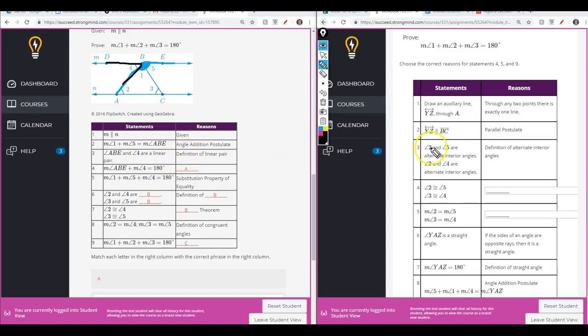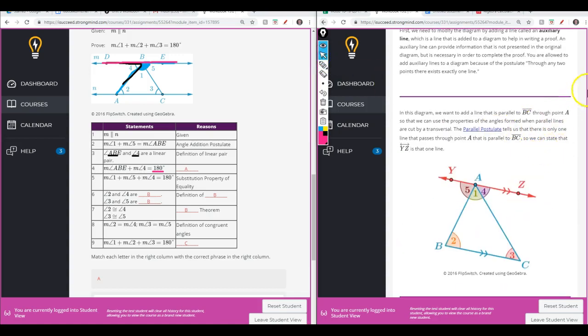And now, since I didn't see a direct correlation in our example proof, I'm going to use context clues. So the statement before says that these 2 angles, ABE and angle 4, are a linear pair. Then they said the definition of linear pair. Well, there is a linear pair postulate, or theorem, that states that if you have 2 angles that are a linear pair, then they add up to 180 degrees.